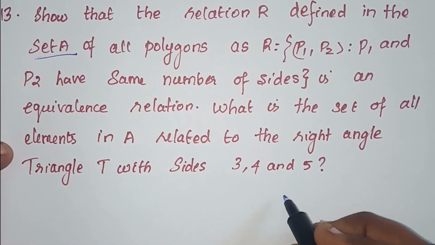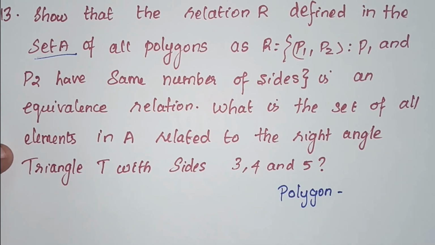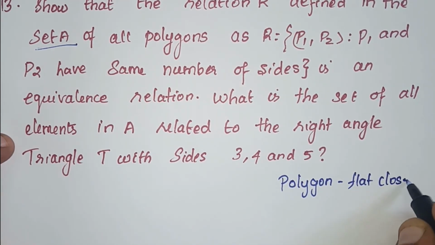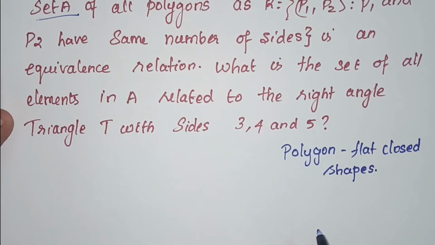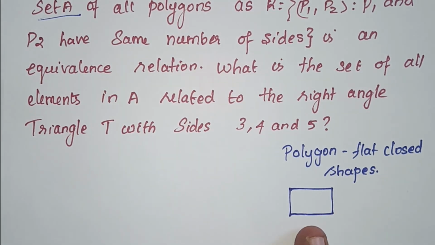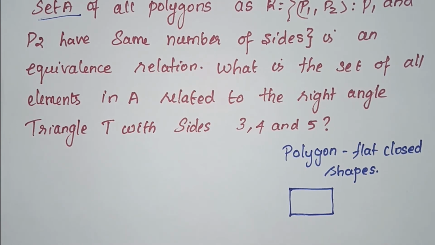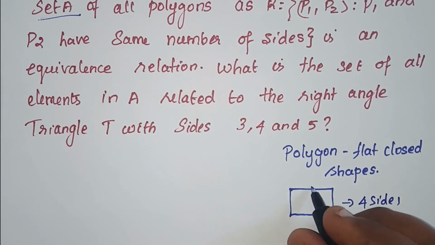First we need to understand what is meant by polygon. A polygon is nothing but a flat closed shape. Any closed shape is a polygon. For example, this is a square, or a rectangle, which is a polygon with 4 sides: 1, 2, 3, 4.